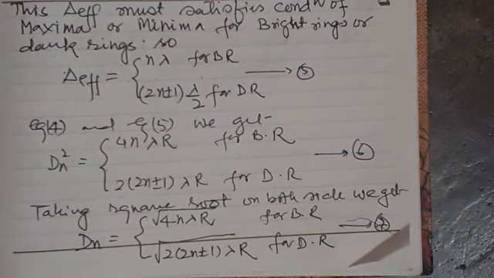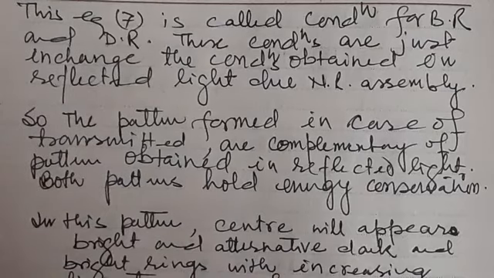Equation 7 is used to explain the formation of Newton ring in case of transmitted light. If we observe equation 7, it will give you some important information. Equation 7 is called the condition of bright and dark.